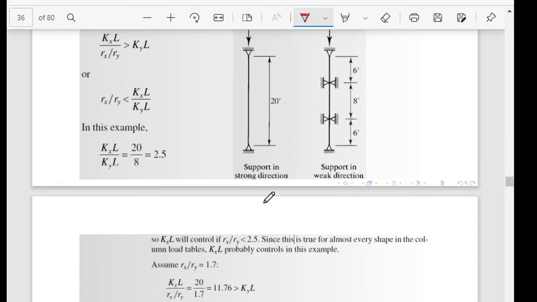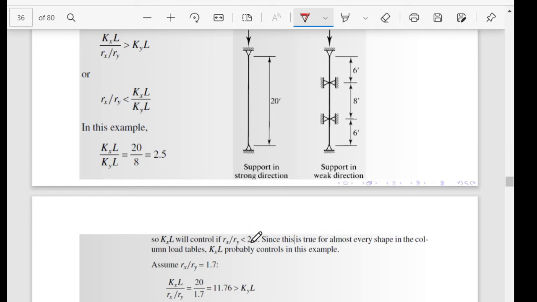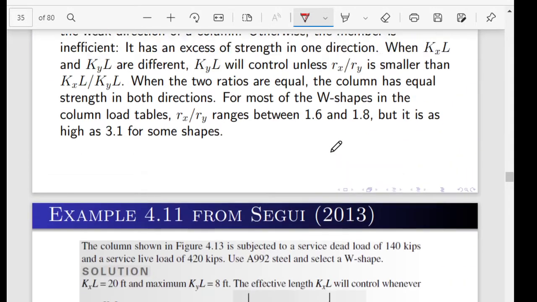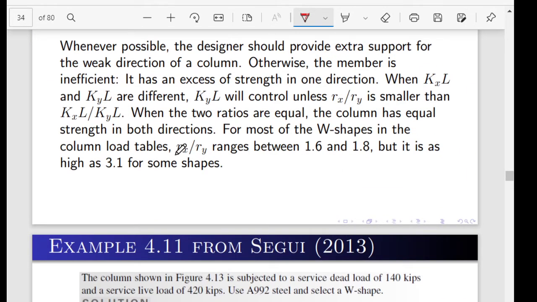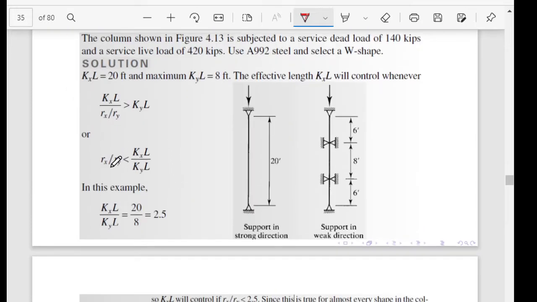If the Rx over Ry is less than 2.5, meaning the KXL in the strong direction controls. But remember, we have the ranges of the ratio Rx over Ry. So we assume that since it is less than 2.5, this KX in the strong direction controls.